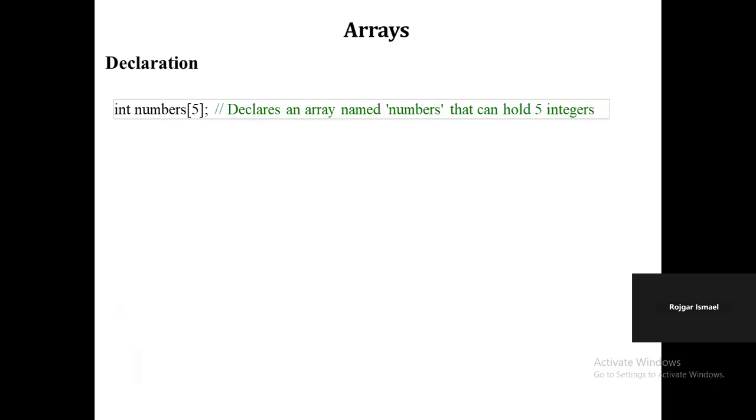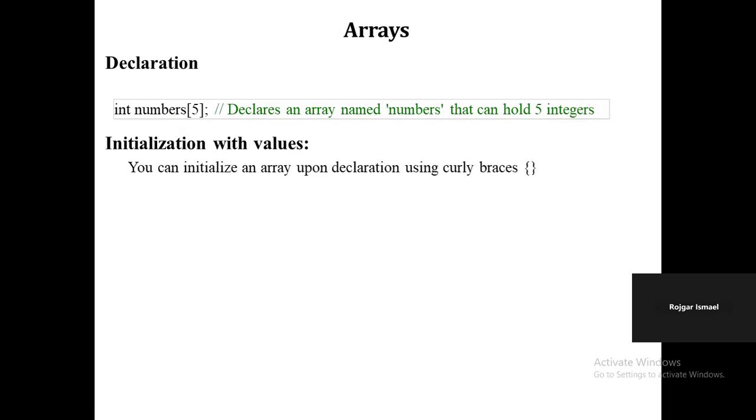So the data type here is integer, the array name is numbers, scores, marks, names, and so on, and the array size will be 5 here. So this declares an array named numbers that can hold 5 integers. The 5 is the size of your array.